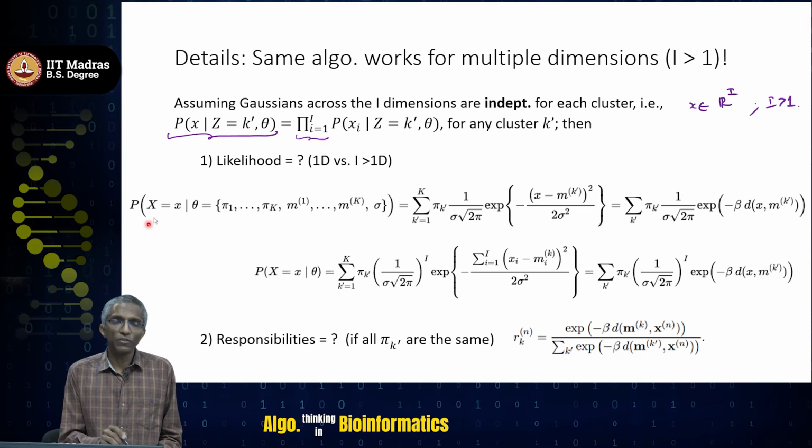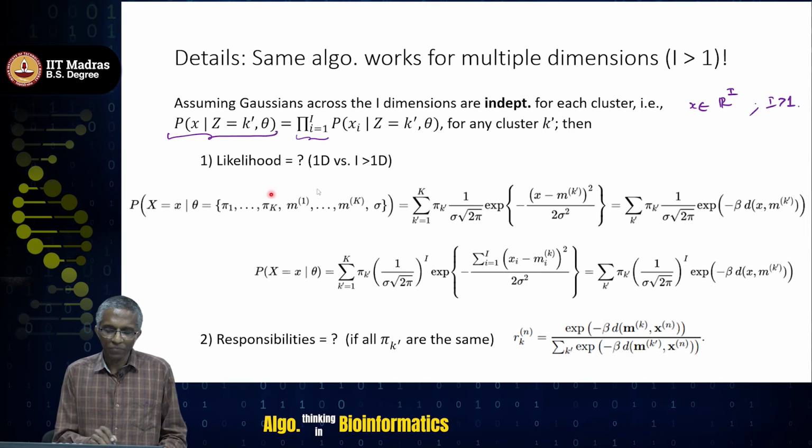If you use this notation of distances as squared Euclidean distances, the d notation, the probability of x, where x is an I-dimensional vector, given theta, instead of 5 parameters or the simplified set of parameters, now you have multiple parameters: pi 1 through pi k, m1 through mk, and sigma, right?